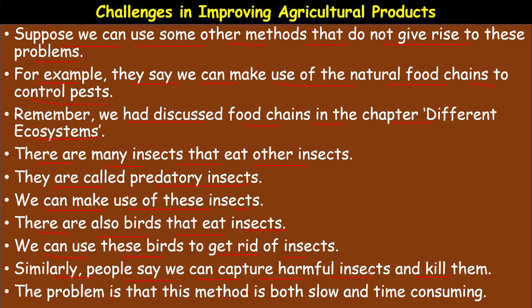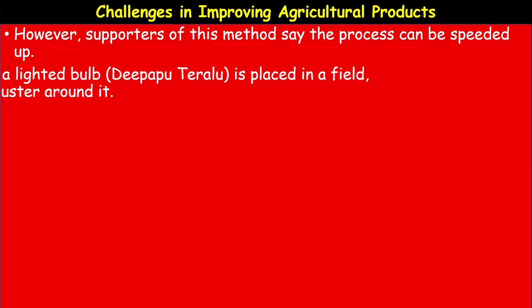So, the problem is that this method is very slow and time consuming. Natural methods will take time, but they are environment friendly. However, the supporters of this method say the process can be speeded up.